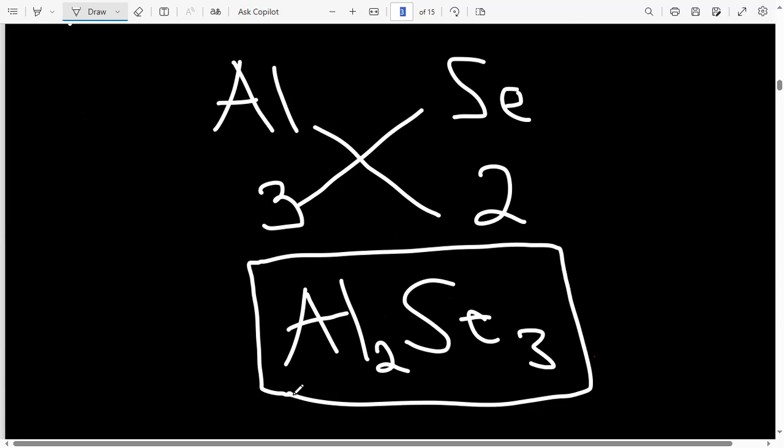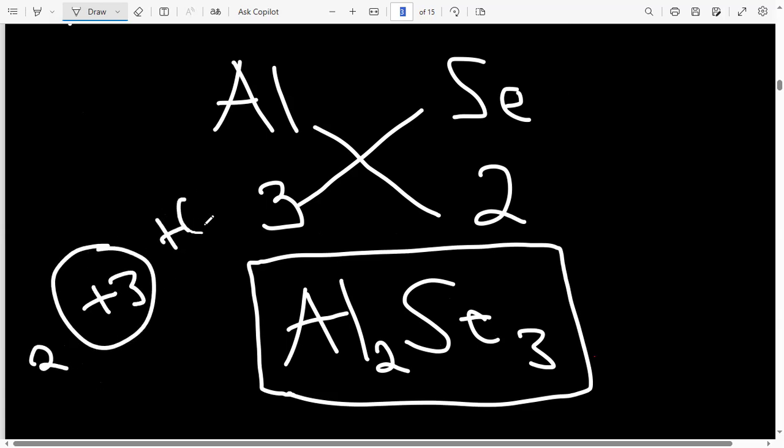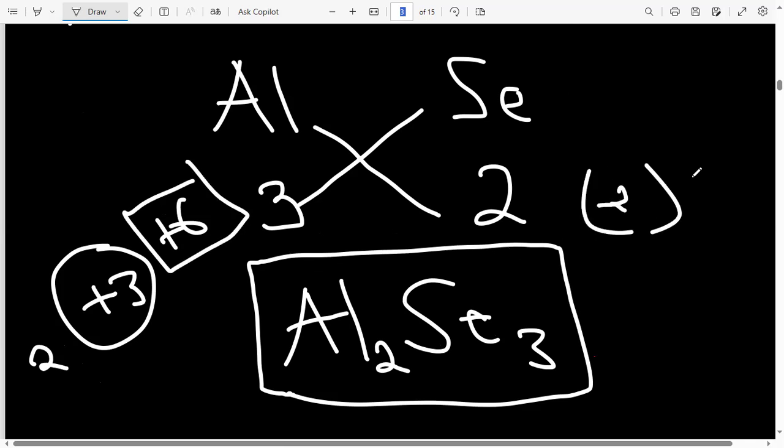We can see that the charges here will be balanced because aluminium has, remember, +3. This +3 multiplied by 2 will give you a +6 charge. And when we go to the selenium, we said it has a -2. This -2 multiplied by 3 is going to give you -6.